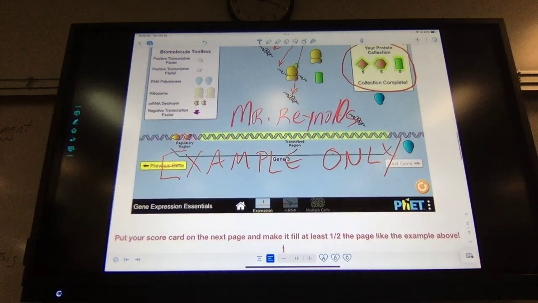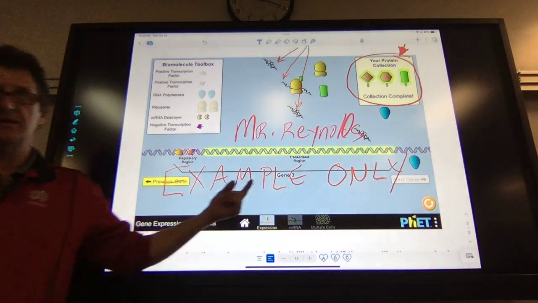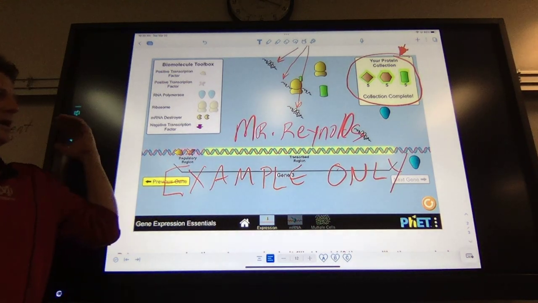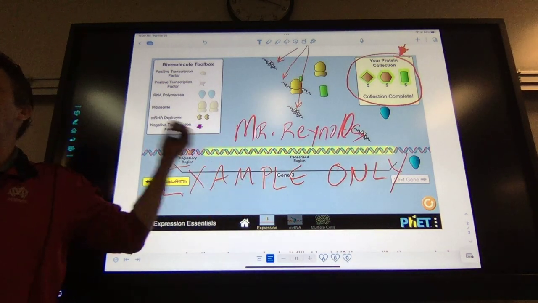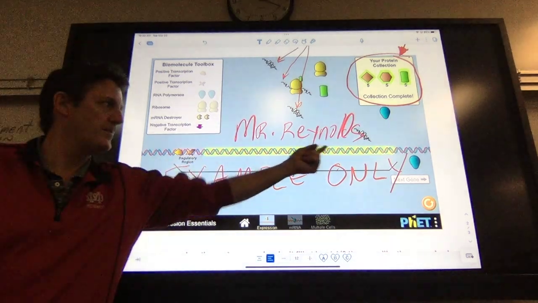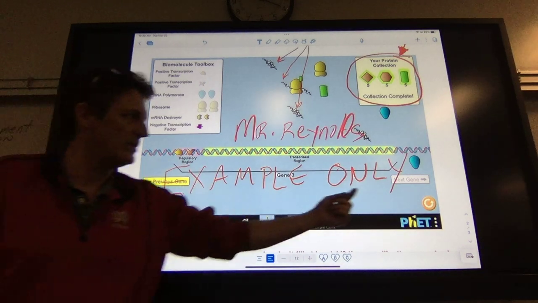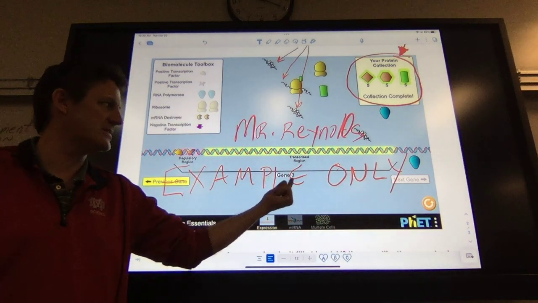Here is what the game looks like. You have to do 3 genes. You have to run through 3 screens. On each screen, there's 1 gene. After you do this, you'll either go to the previous gene or to the next gene, and notice that it says it right down here.